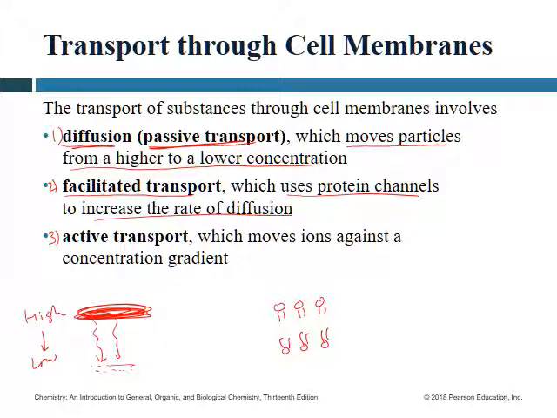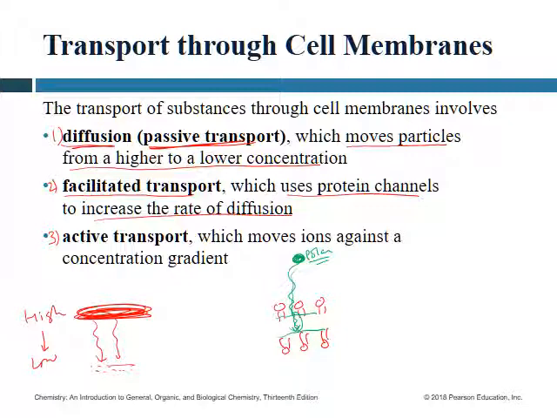And you have a particle that wants to enter the cell through the cell membrane, and it is polar in nature. Is it possible for this particle to move through the membrane in a normal way? No, because the inside of the cell membrane is non-polar, so a polar particle cannot cross the non-polar part.